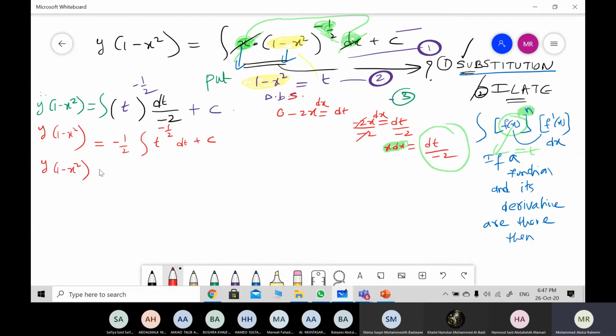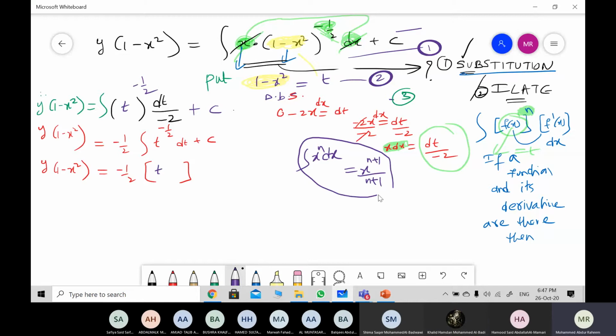y is 1 minus x square, t to the power minus 1 over 2. What is the rule for this? The integral of x power n dx is x power n plus 1 over n plus 1. This is the rule.